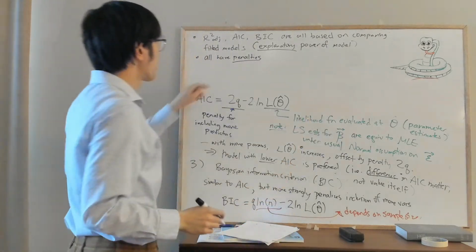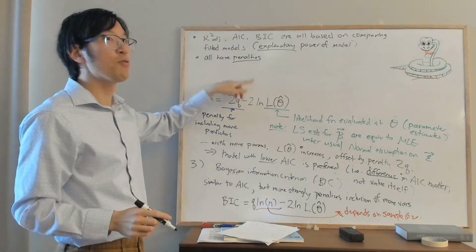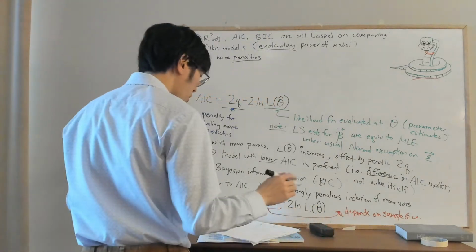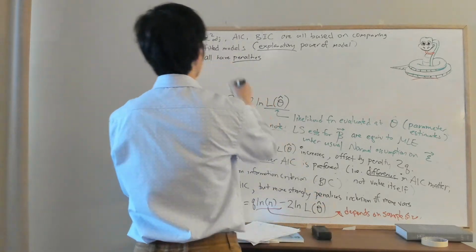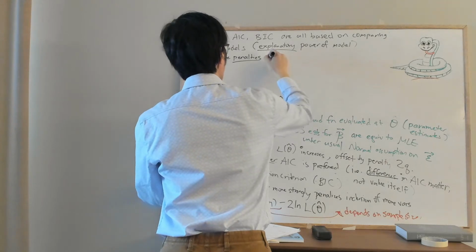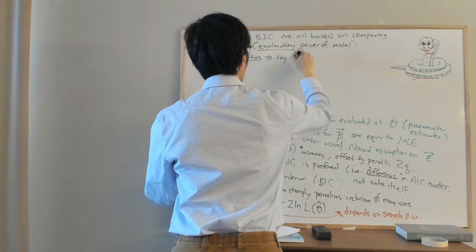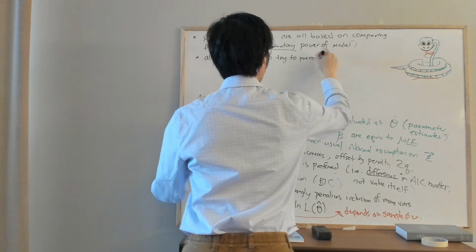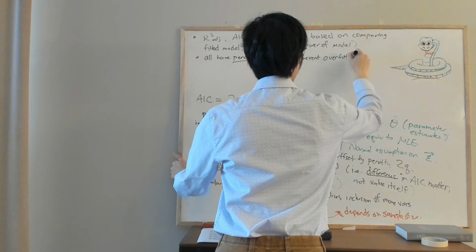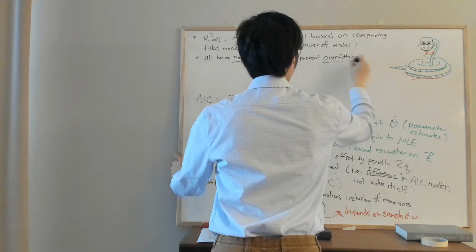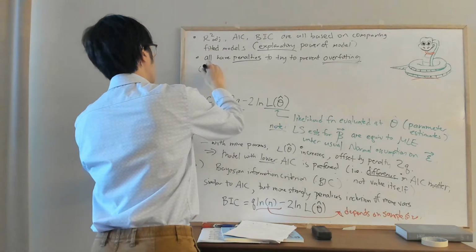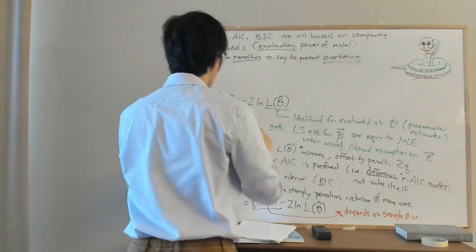Okay, so why do we want to avoid having too many variables? Let's talk about that as a conceptual and intuitive point. The key idea, which I'll put up front, is that all the penalty terms try to prevent overfitting. So what is overfitting? It's the idea of having too many variables.